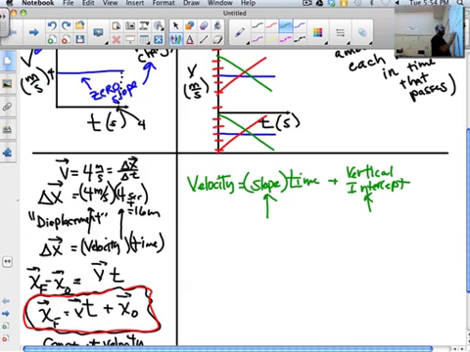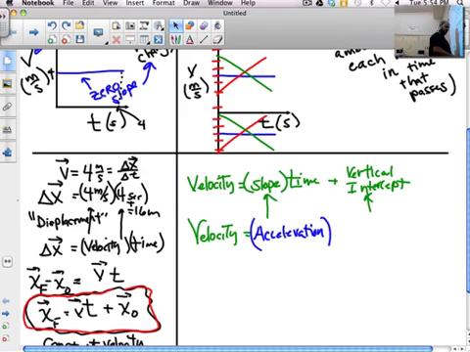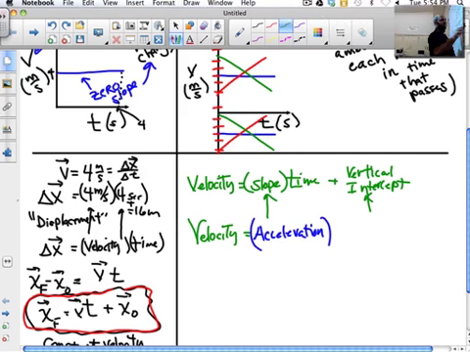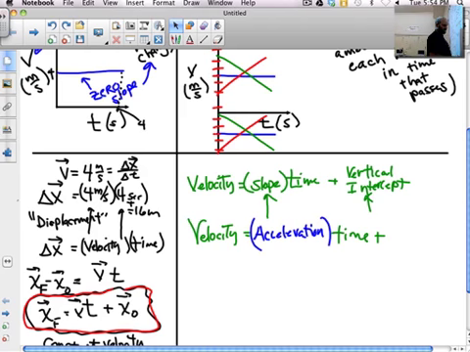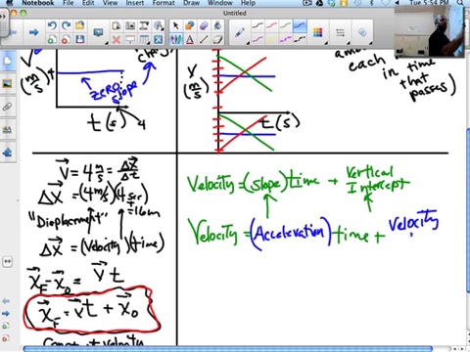So in general, we have velocity equals acceleration times time plus whatever our vertical intercept is. Well, the vertical intercept is a velocity at 0 seconds. So I'm just going to write velocity at 0 seconds.